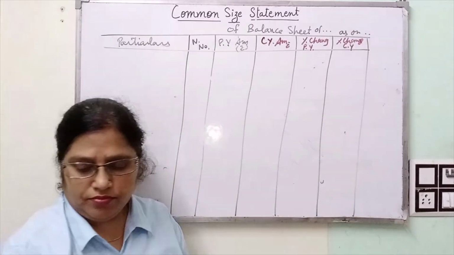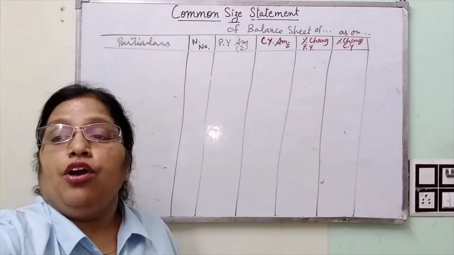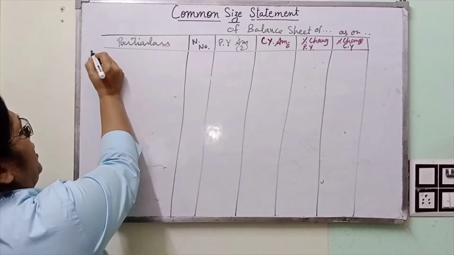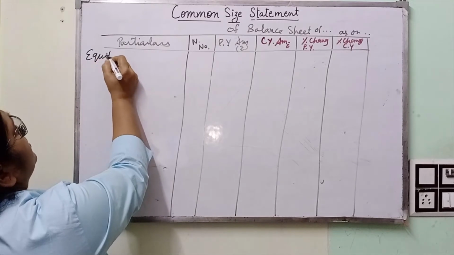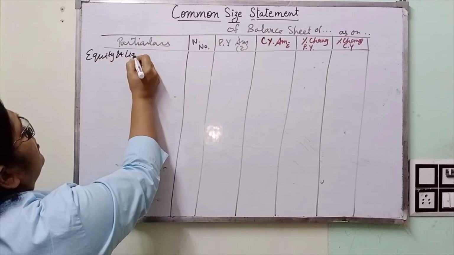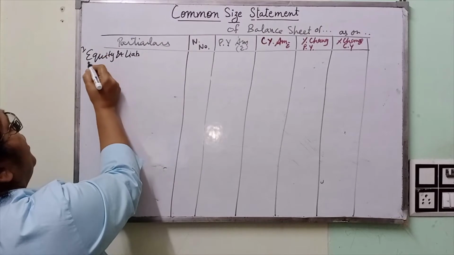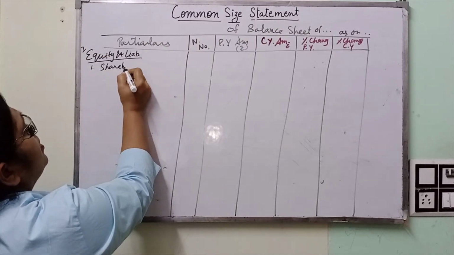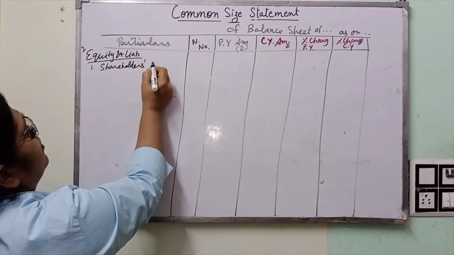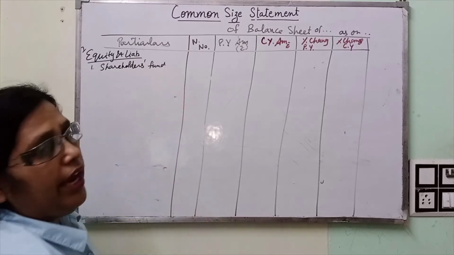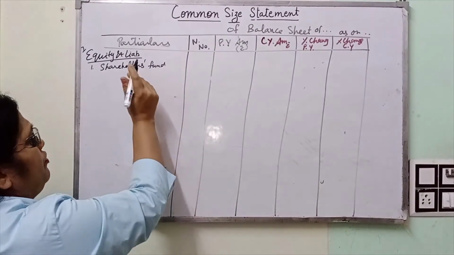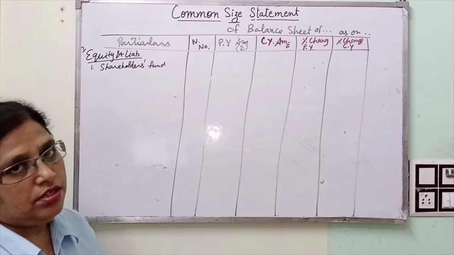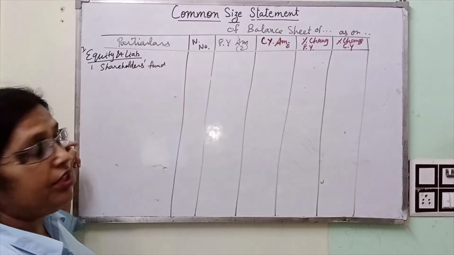In case of balance sheet, first point is equity and liabilities. In equity and liabilities, first heading is shareholders' funds. Under shareholders' funds, we have different items: share capital, reserves and surplus, and money received against share warrants.